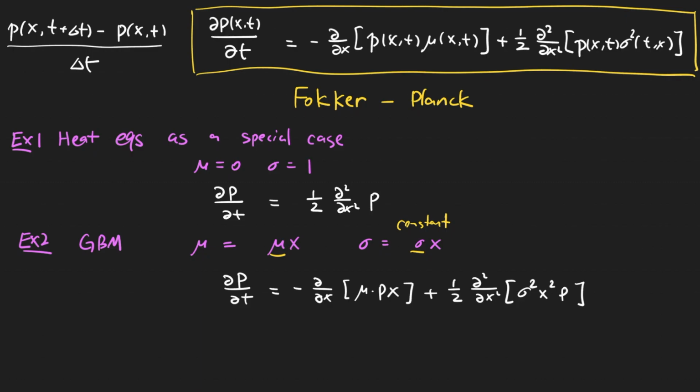So this is the density evolution that we use to model the stock price. I'm not going to solve these equations here, but if you solve it, we'll find that p is just going to be the probability density function for the log normal. And in the case of the heat equation, if we solve it, p will be the probability density function of the normal.